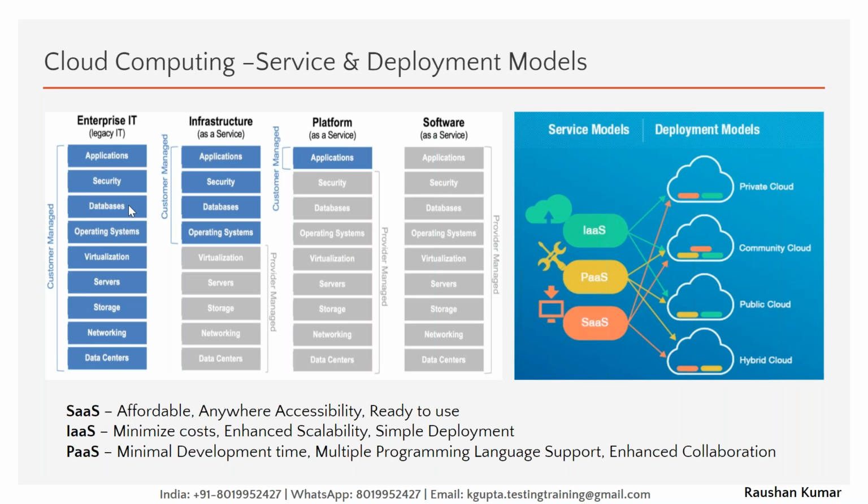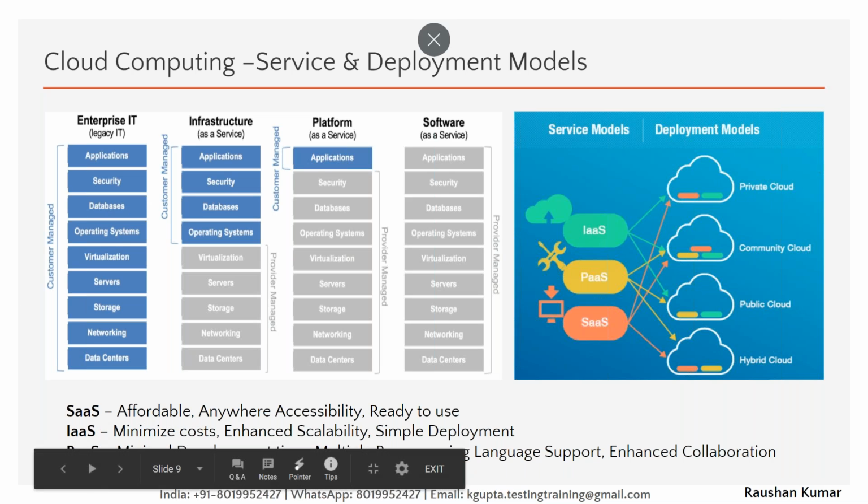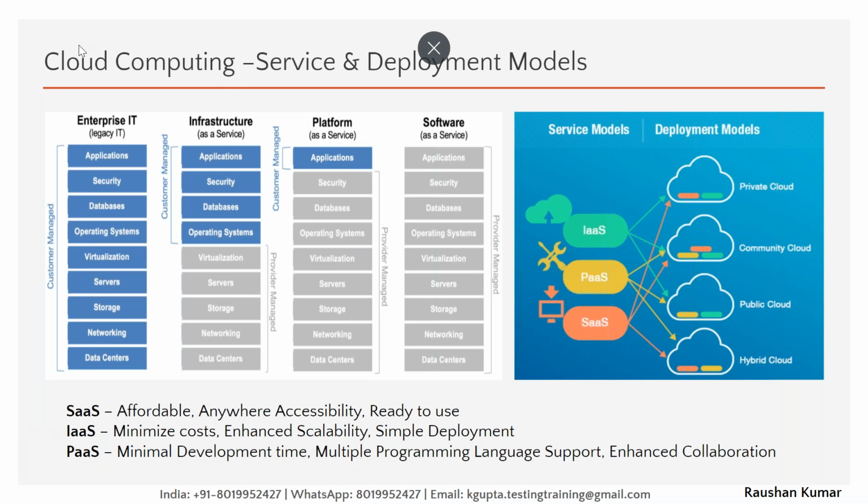That is where the cloud comes in and helps a lot of companies. If a company cannot afford the initial setup cost, they can go with cloud offerings. And we have three options there: infrastructure as a service, platform as a service, and software as a service.